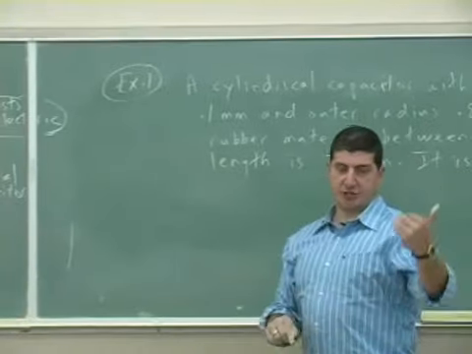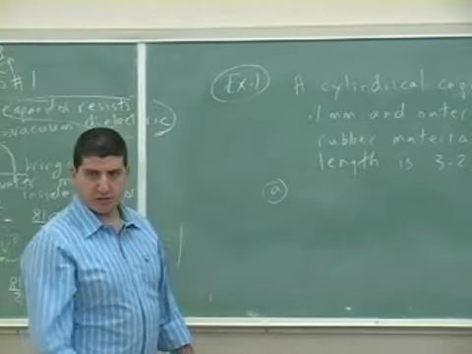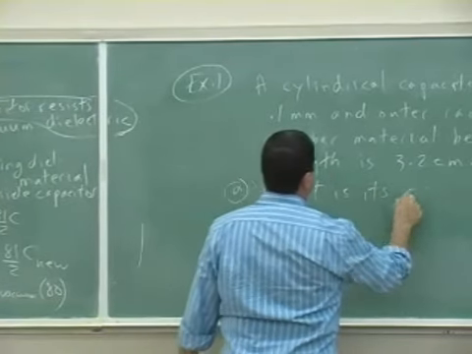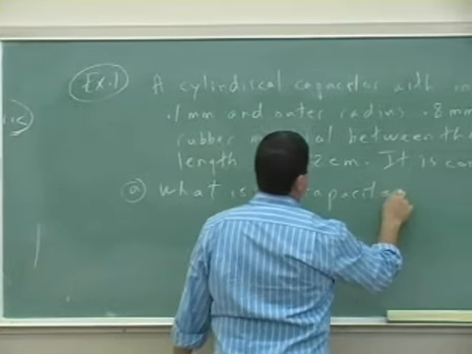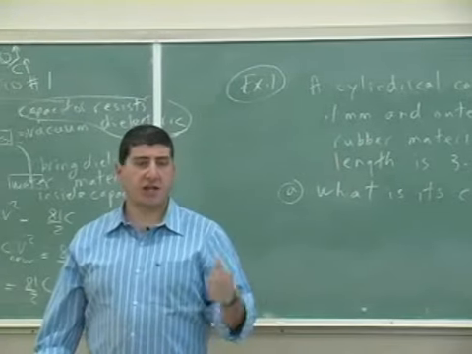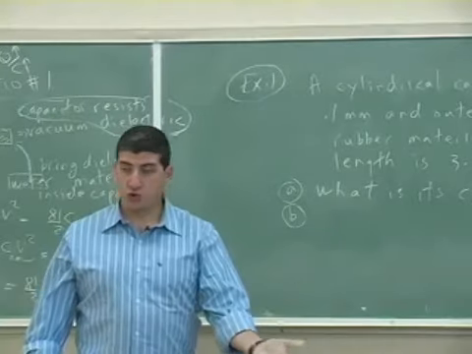Now we can answer a bunch of questions on this. We can say, what is the capacitance of the capacitor? What is its capacitance? We can say, what is the energy stored in the capacitor?